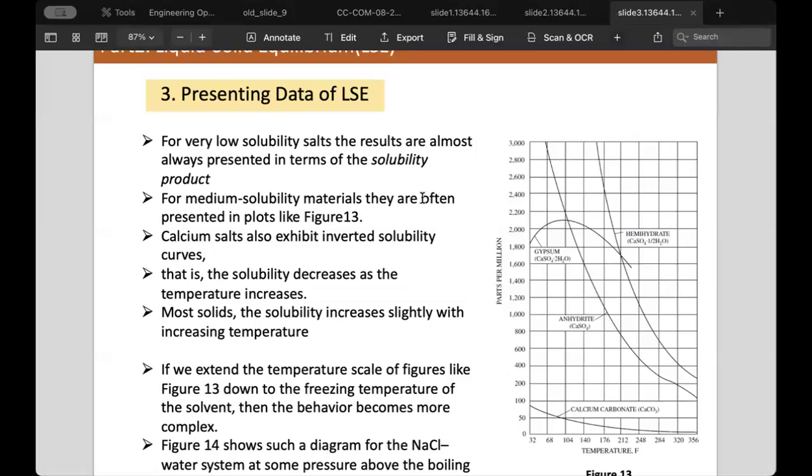Also, when you work with a boiler, it's very easy for scale to form. So you should take care of the iron, especially that calcium salt.